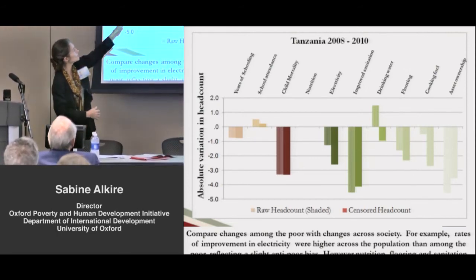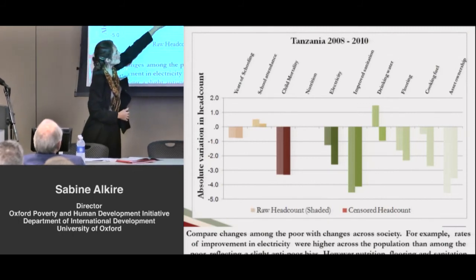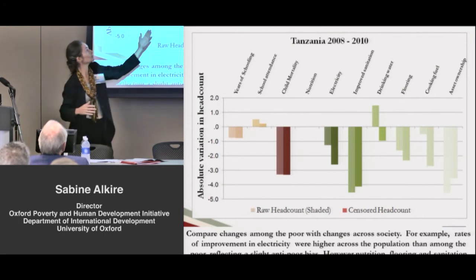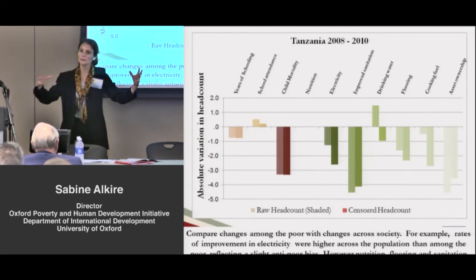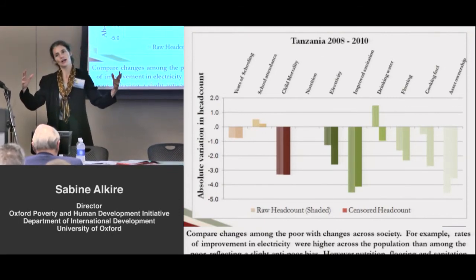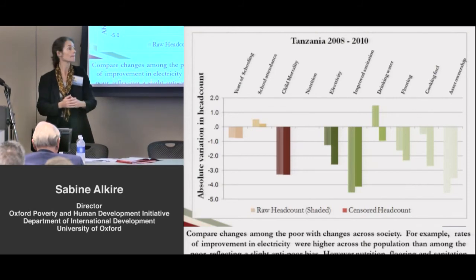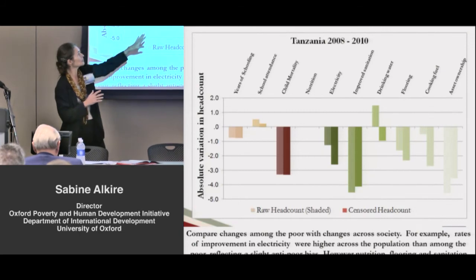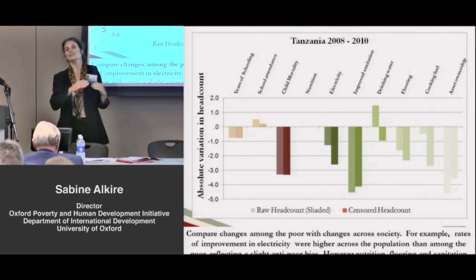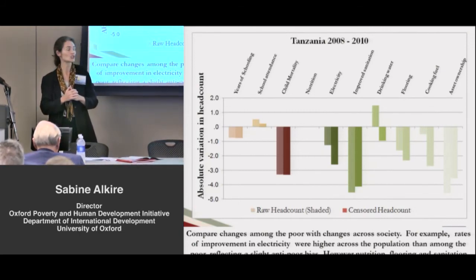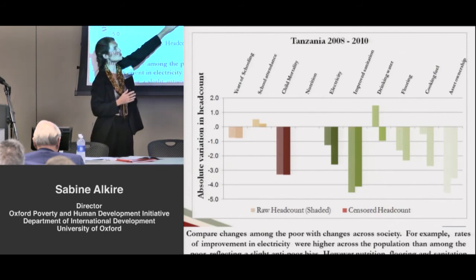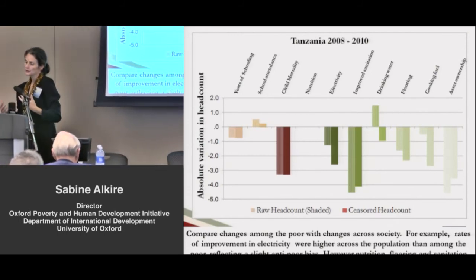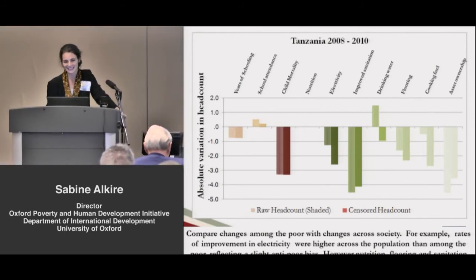And so these show what we call the raw headcount, which is the population-wide deprivation, so the percentage of people in the population who have lost a child in their family, and this is the rate of reduction in the percentage of households who have lost a child in the poor and society-wide populations. And so that's important analytically.